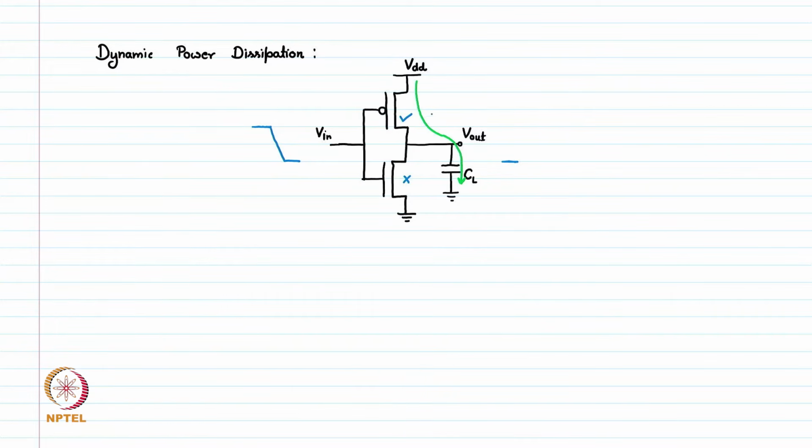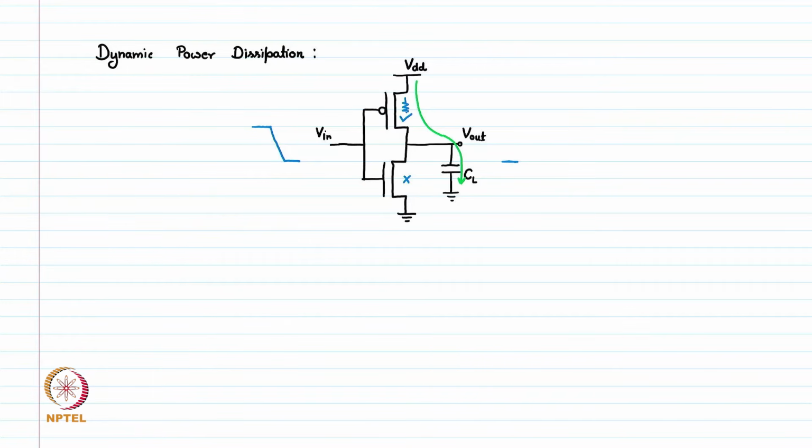So this will be the current path from VDD to CL, and this capacitance CL will start charging. Now the charging does not happen immediately because this capacitance is there and there is certain resistance in the path of this current which is offered by the PMOS.